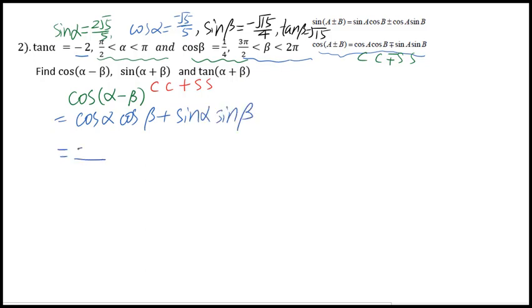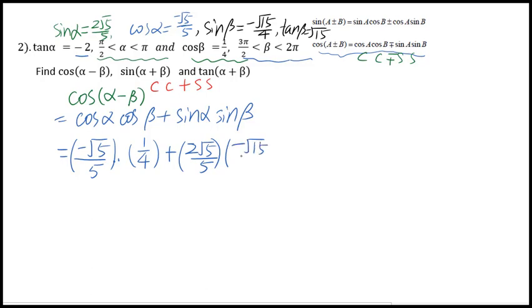Cosine alpha, that is negative square root of 5 over 5 times cosine beta, that is 1 over 4. So plus sine alpha is 2 square root of 5 over 5. For sine beta, that will be negative square root of 15 over 4.